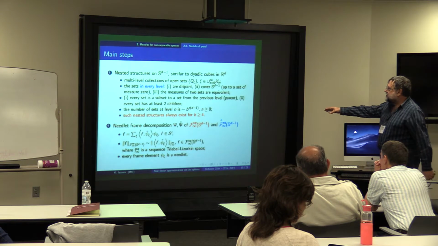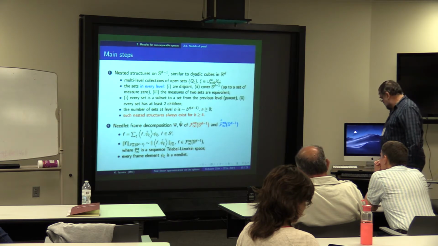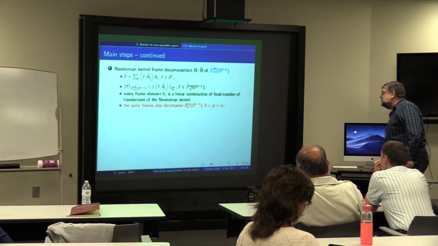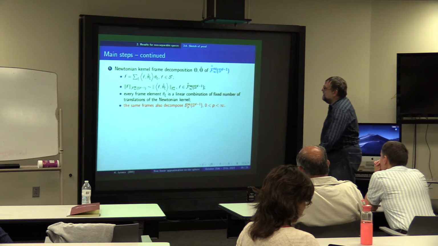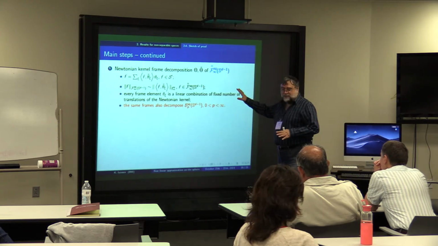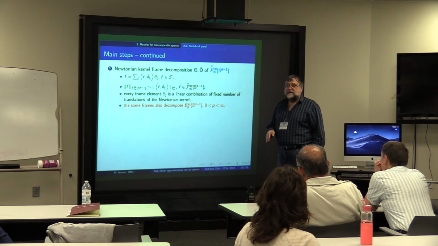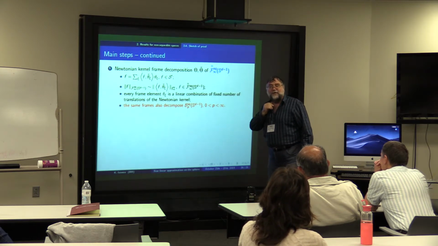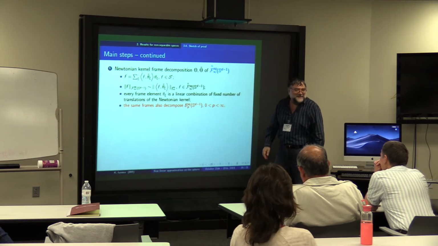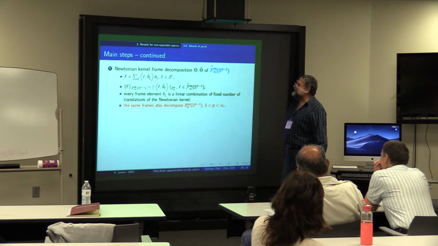Okay, having such a needlet frame decomposition, we built another decomposition, a Newtonian kernel frame decomposition. I haven't tried to write it down because something will happen to the slide of Olga, having too many things on the screen here.